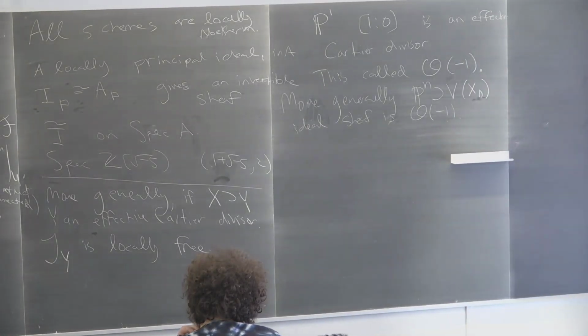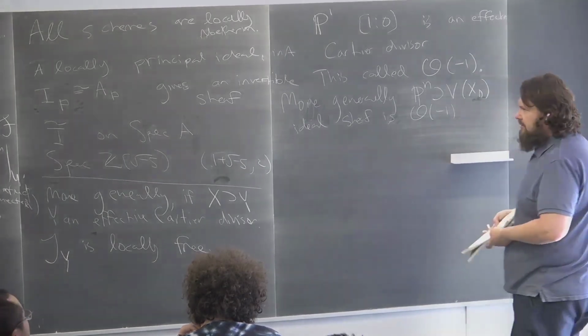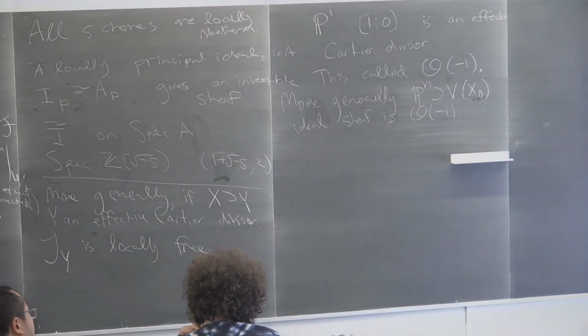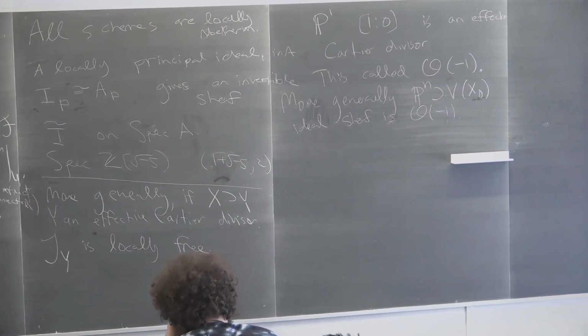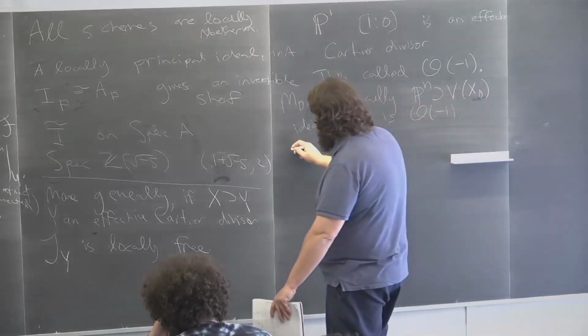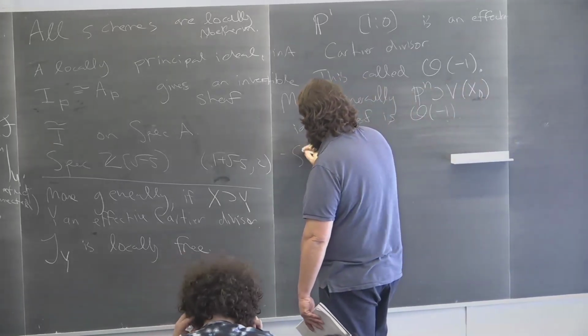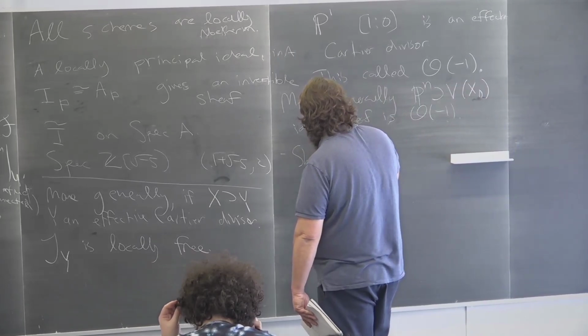Probably the next thing we should talk about is how all these guys are related, how you can get new locally free sheaves from old ones. So there are a bunch of natural operations. Basically, any reasonable operation you can do on vector bundles or on vector spaces, you can do on locally free sheaves and get a reasonable answer. So in particular, you can apply what's often called sheaf hom.